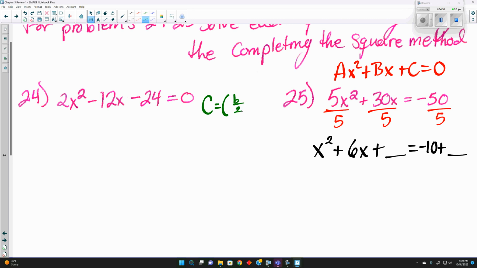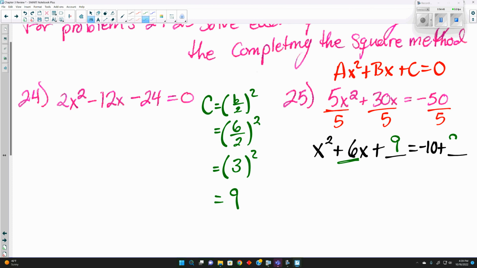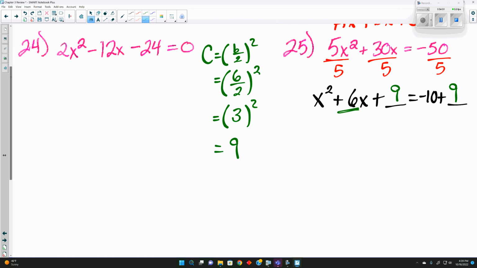which moves us to step number 3, finding the value of c, b over 2 squared. And this time our value of b is positive 6. Half of 6 is 3, and 3 squared is 9. Incidentally, both of these worked out that the c value is 9.